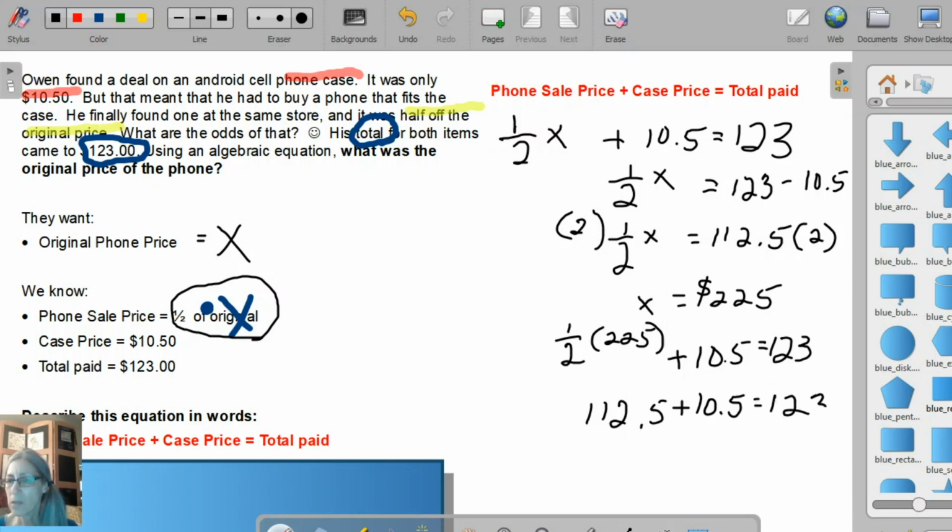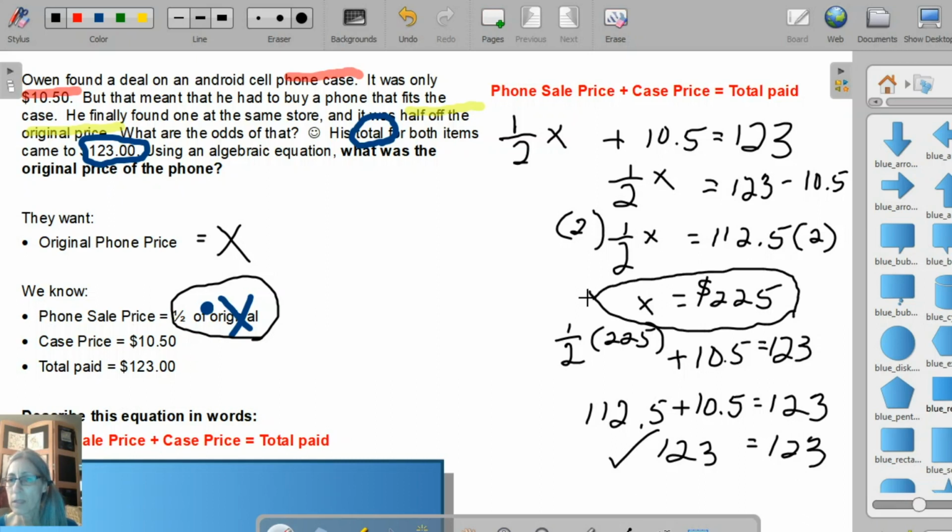And does that equal 123? Absolutely. 112.5 plus 10.5, 123 equals 123. So this is indeed our original price of our phone. Yay, we did it.